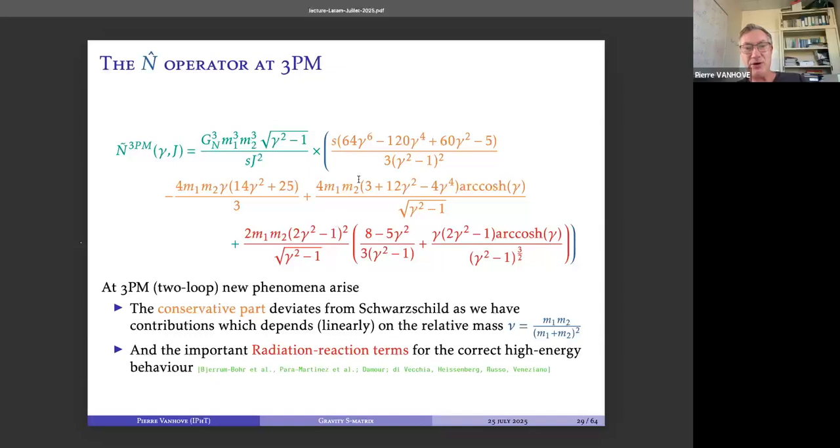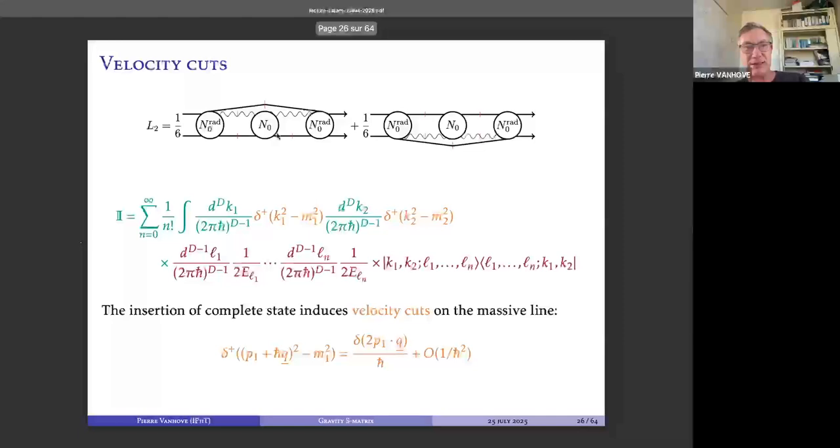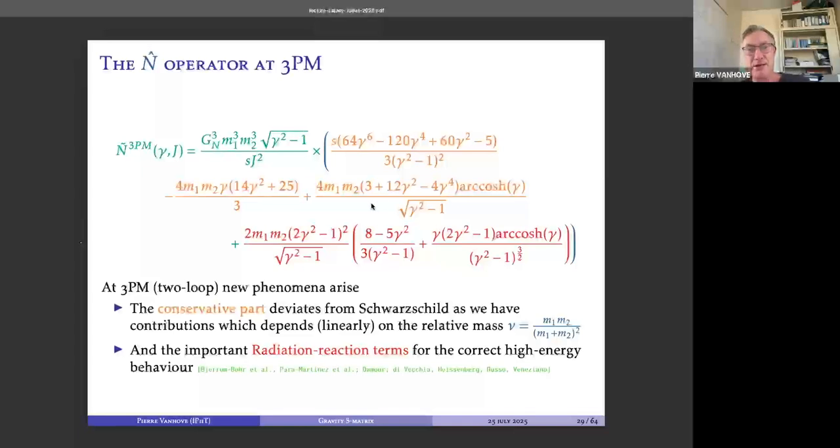I call this part conservative, and there is a part called the radiation reaction term, which is the part where a graviton propagates inside the loop. I will explain in a minute why I split it this way.